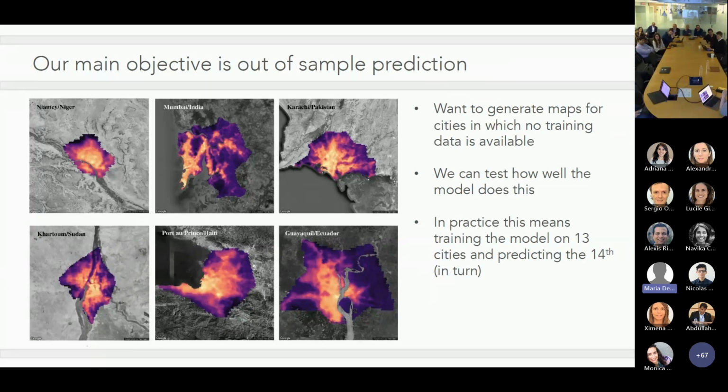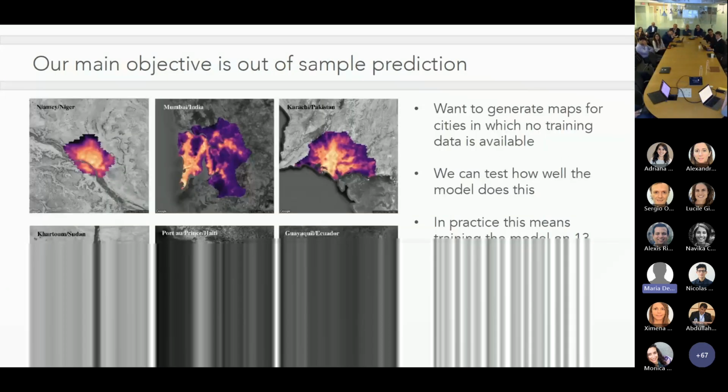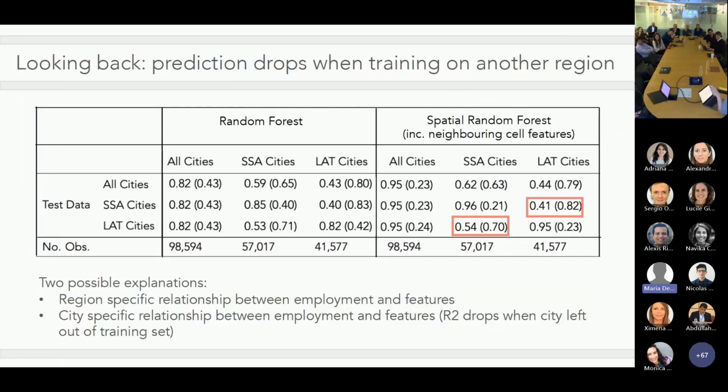Now, we're going to go backwards for a second. We saw this table before, but we didn't zoom in on some of the information in it. The rows are the test data, so we can test and train on different sets. We can train on sub-Saharan cities and try to predict on Latin American cities.